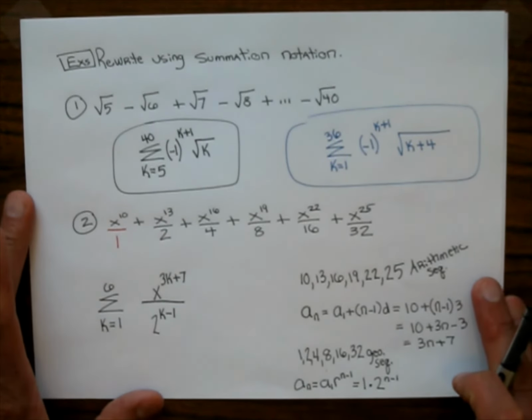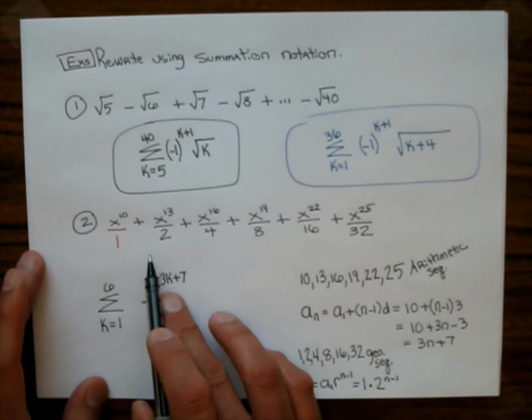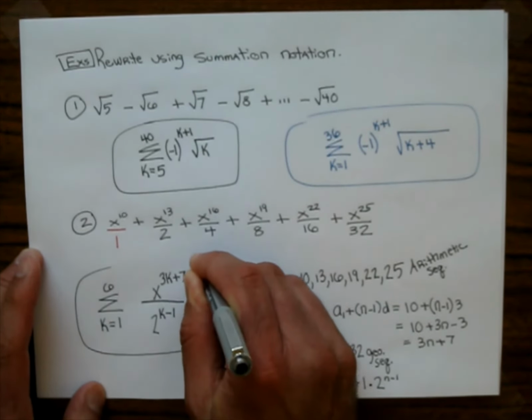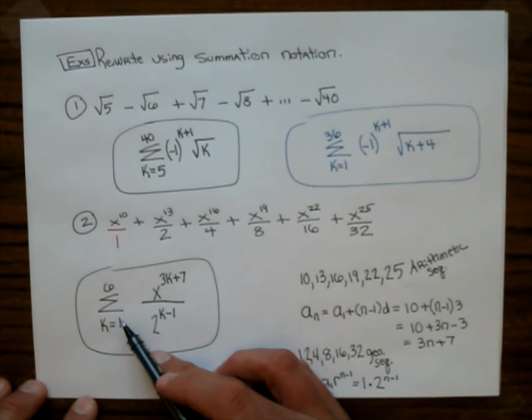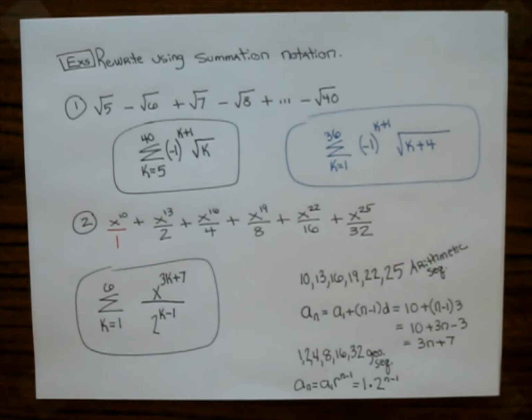So the stuff that we learned about in 9.1 is used here when you're trying to find patterns for the summation notation. There's our answer. You can double check it by plugging 1 in and 2 in and all the way up to 6, and you'll get that series. So that is kind of what you're doing in your homework.